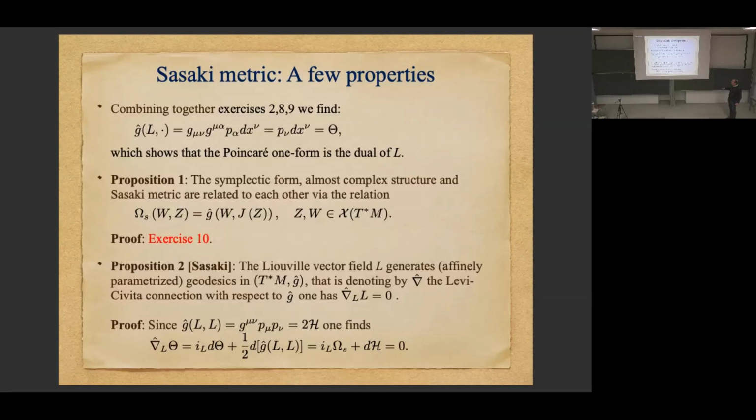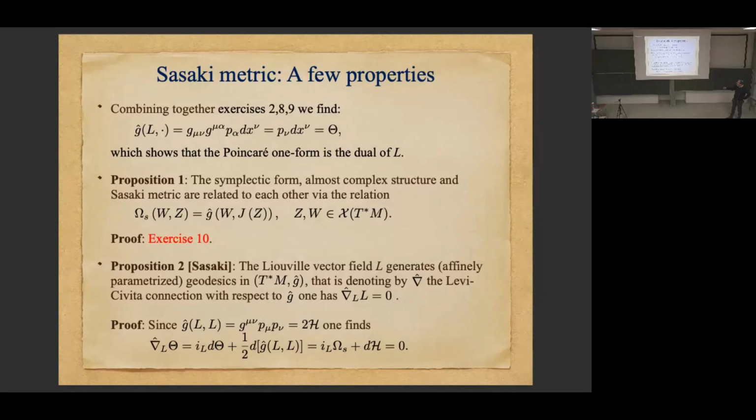There is a simple proof. The first thing you notice is that if I take this formula above and plug L inside it, so you have G of L, L, this will lead to twice the Hamiltonian on one hand, okay? Now on the other hand, if I compute the covariant derivative of the Poincaré 1-form in the direction of L, you can rewrite this as the Lie derivative of theta along L, that is, the Lie derivative of the symplectic form's potential, plus 1/2 d of this here.